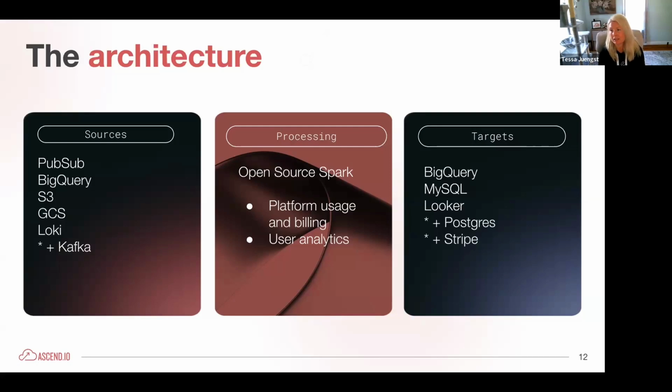Then we use Looker internally, hooking up to BigQuery, so we can analyze and see usage, do billing, all of that fun stuff. We've additionally added Postgres for the backend observability for customers now in Gen 3, and then our Stripe processing, which is our automatic billing solution.